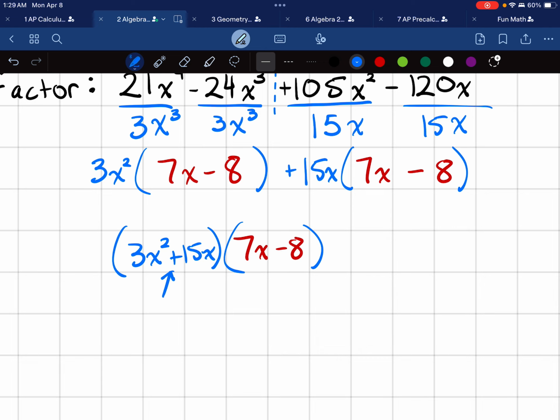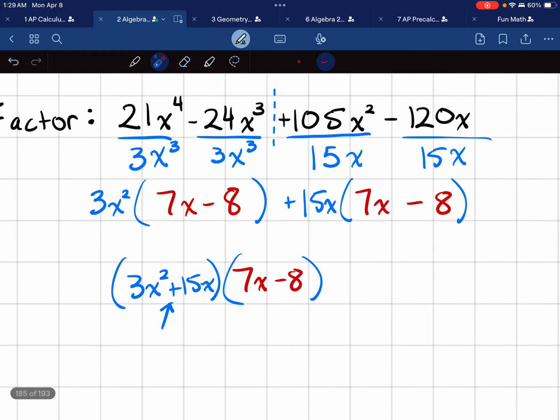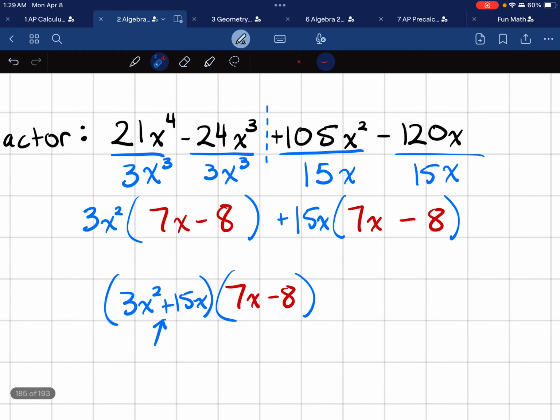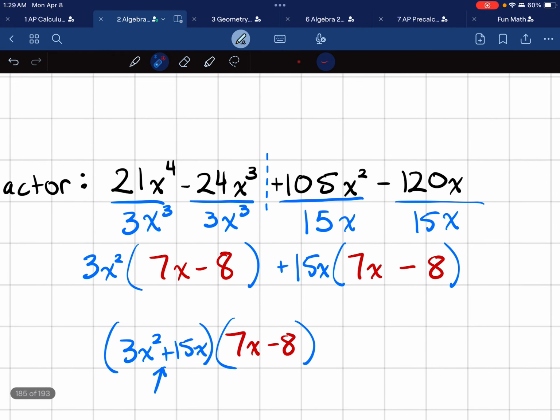What we should have done as my first step is do the first step of any factoring problem, factor out the GCF. So if I were to do that correctly, I would have noticed that this term, this term, this term, and this term are all divisible by 3, because these are divisible by 3 as well. I should have factored out a 3 out of each of these, and I would have noticed that each of these has an x.